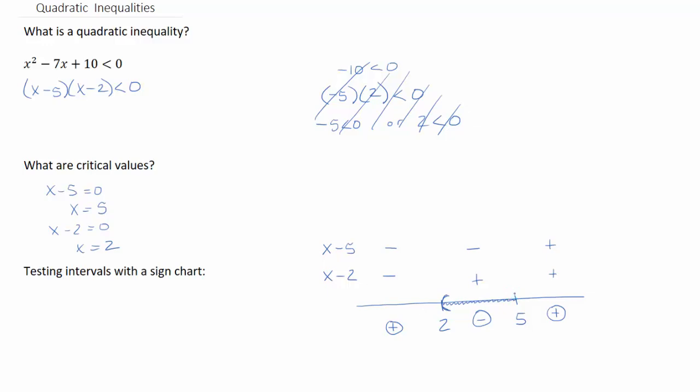Same goes for the 5. The 5 is going to make the left side of that inequality a 0, and 0 is not less than 0. So we have to put a parenthesis. So our solution set, in interval notation, is 2 to 5, not including 2 or 5.